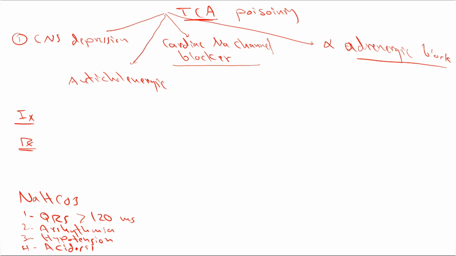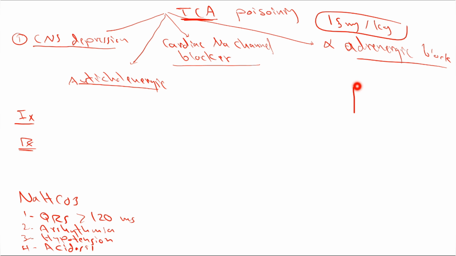Tricyclic antidepressant poisoning. Tricyclic antidepressants are a class of drug that has various effects in the body. If taken more than 50 milligram per kg, usually it is toxic. So what are these various effects? It might lead to CNS depression, the patient becomes comatose or has decreased level of consciousness.